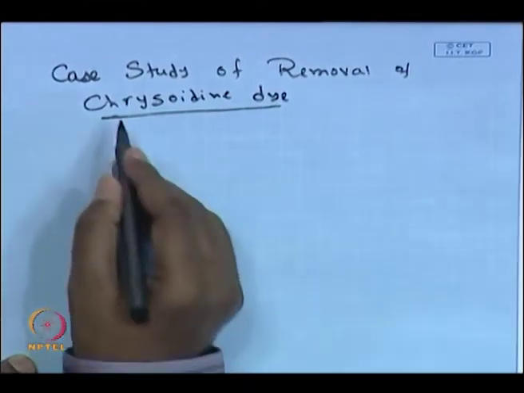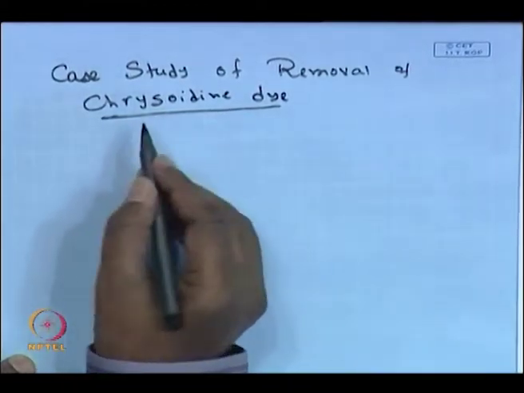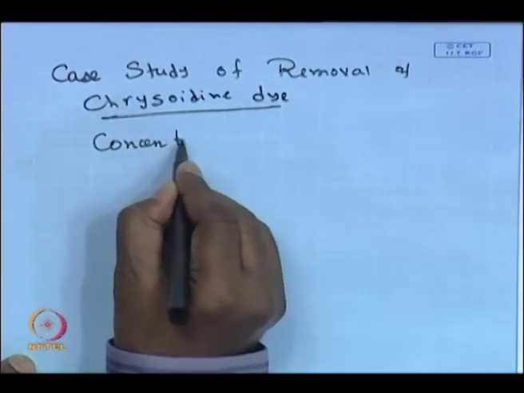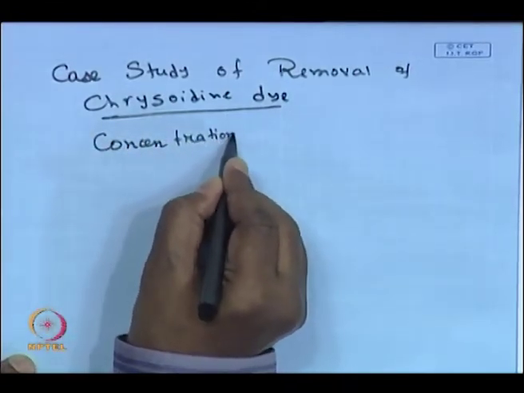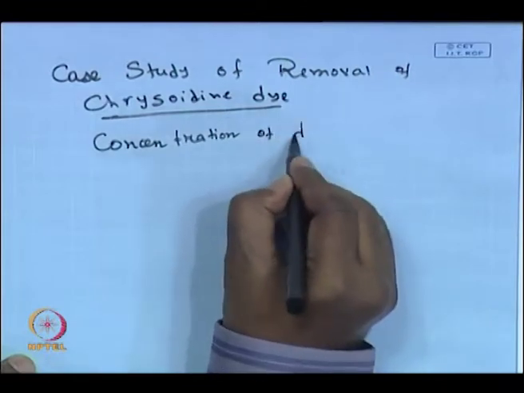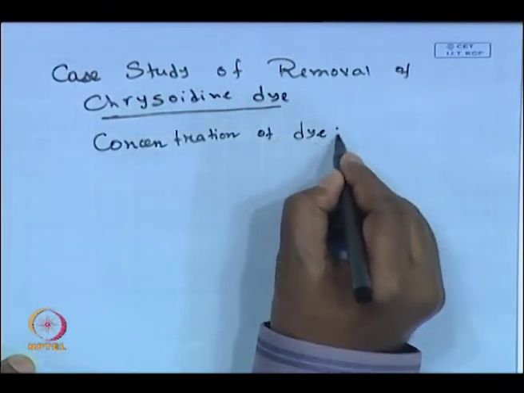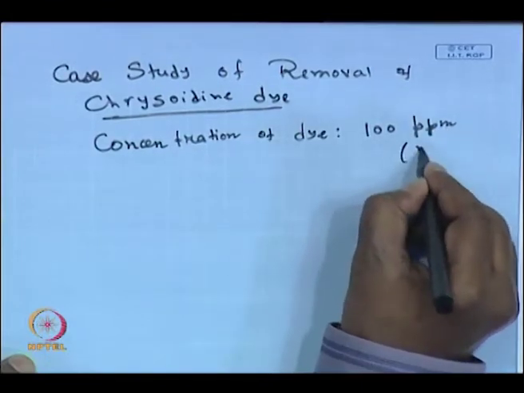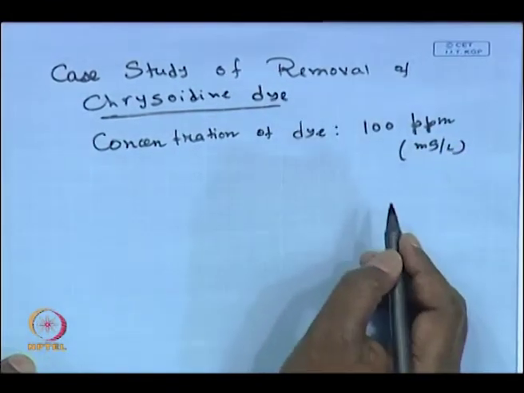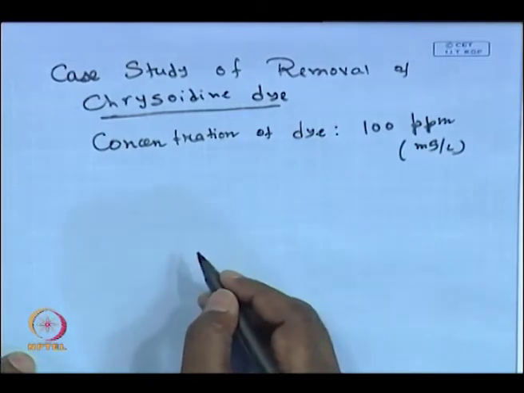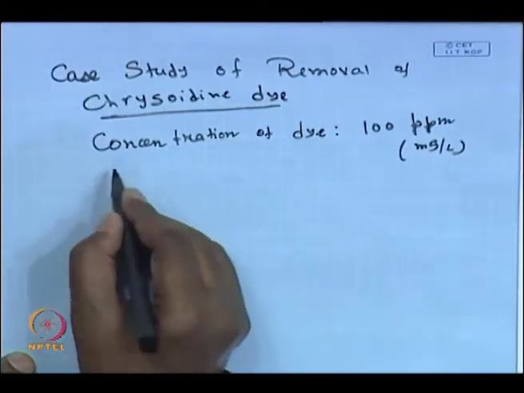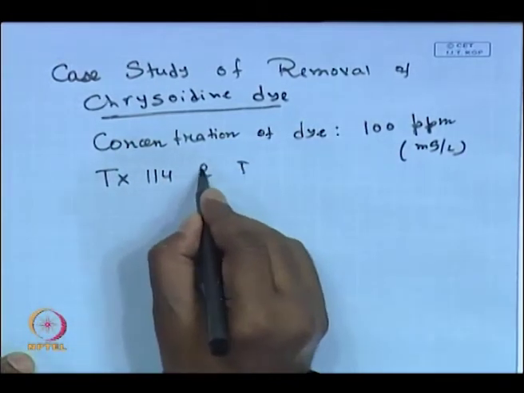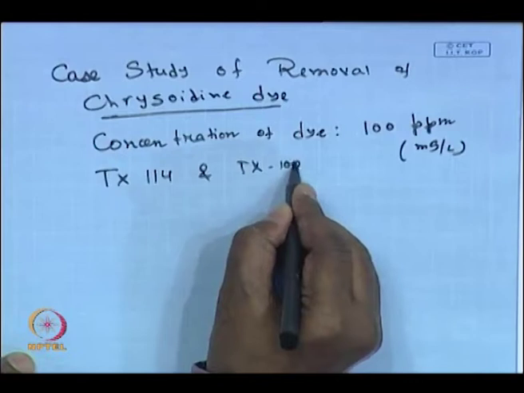A typical concentration of 100 ppm of the dye is selected, that means ppm is milligram per liter, and both Triton X100 and Triton X114 are used.